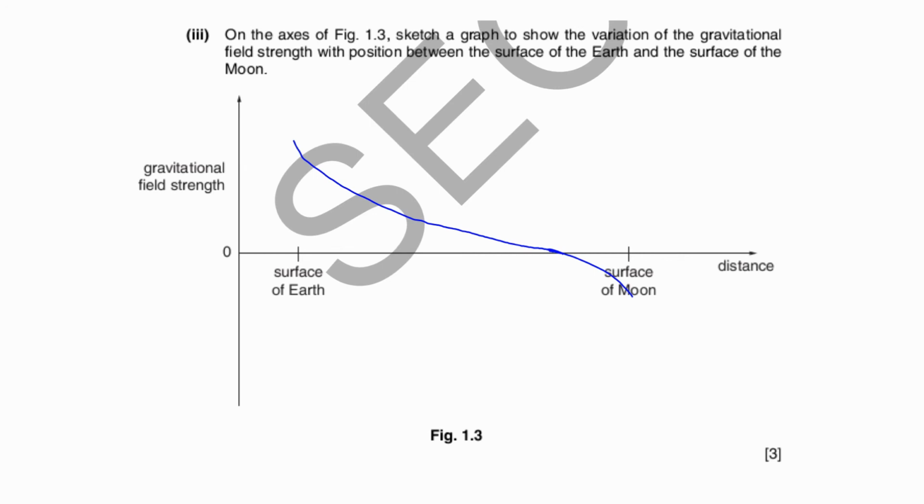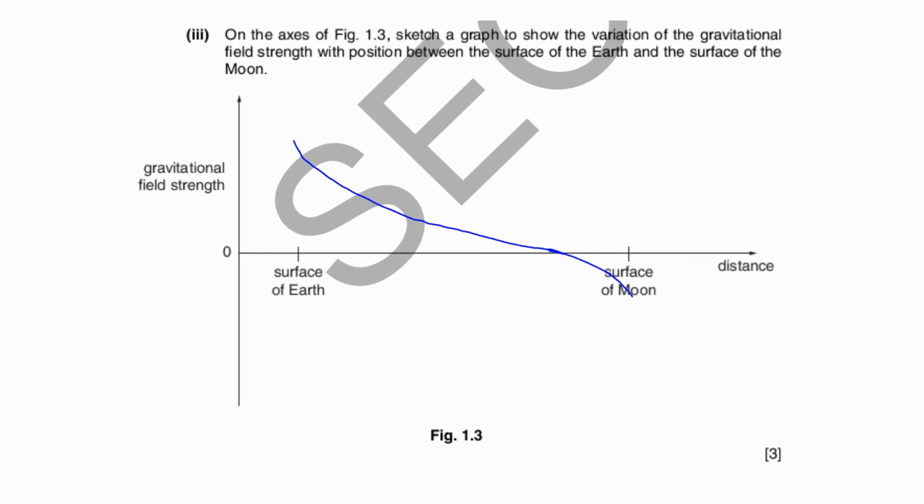Which is why I have two values, one positive and one negative, to show you the opposite directions. Do you understand? That means if I take the field strength at the Earth surface to the left as positive, then it means the field strength at the Moon surface to the right must be negative.